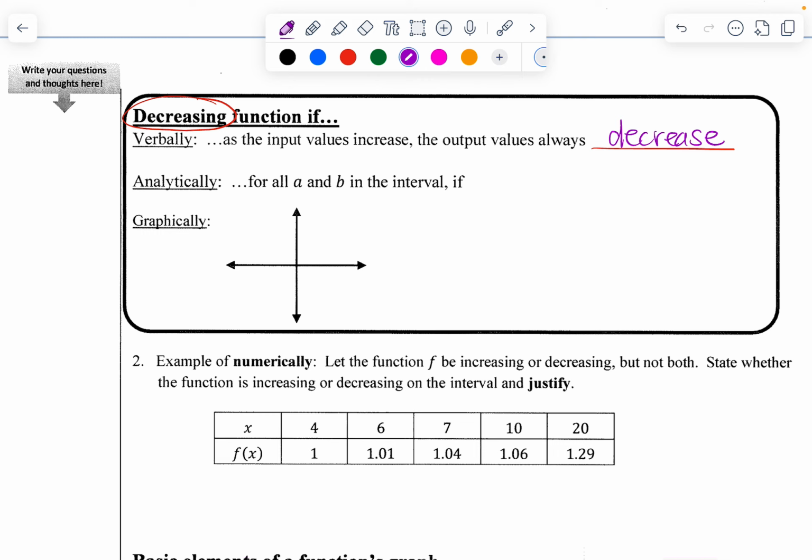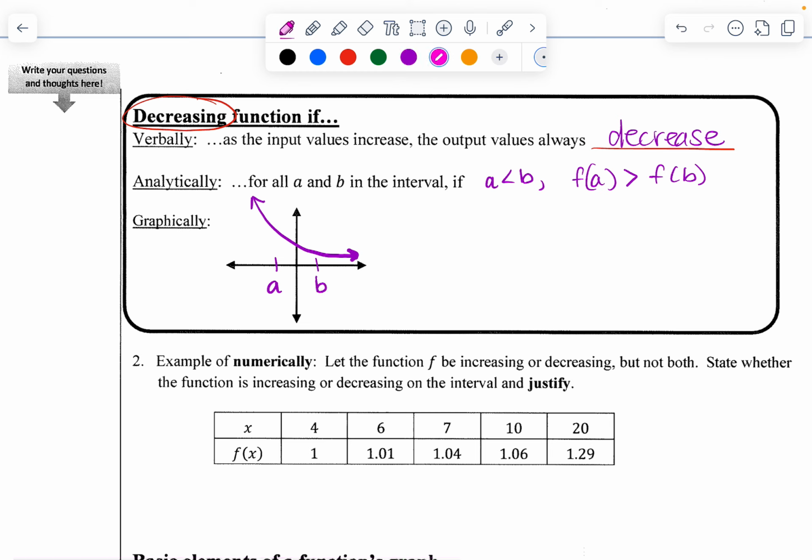Analytically, for all a and b in the interval, if a is less than b, then if it's decreasing, f of a will have to be greater than f of b. So graphically, let's draw a decreasing function. Looks something like this. Let's pick a value of a. So here's a value of b that's greater than a.